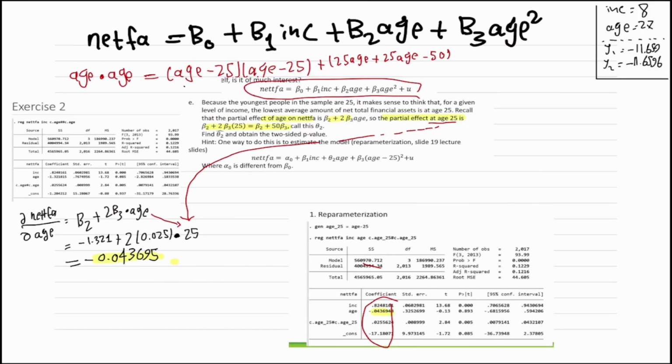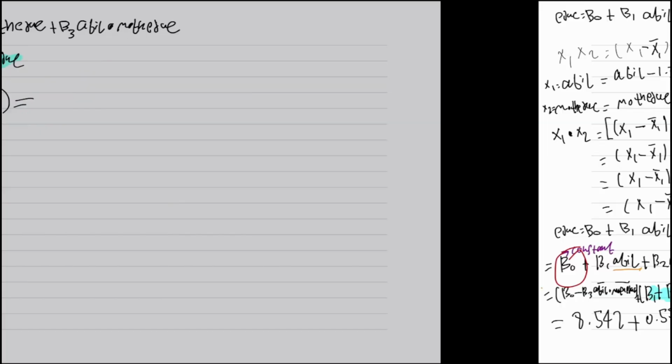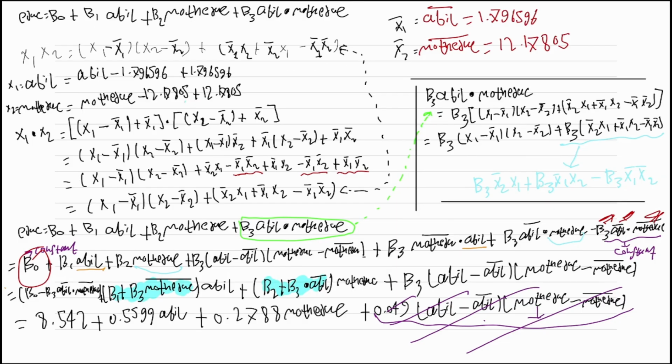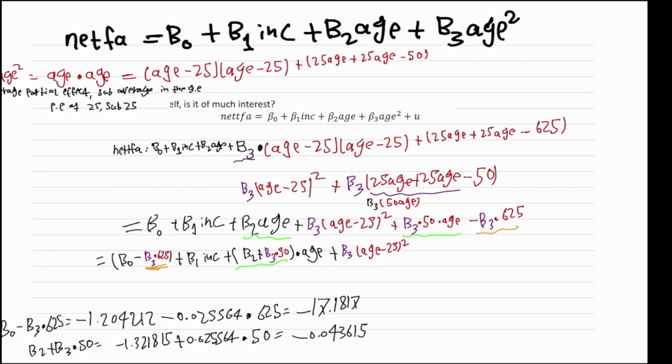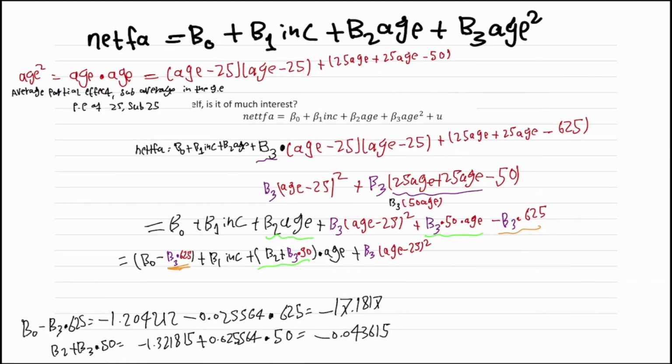Now let's see another example. We have net financial asset and we have this equation in the first line. I'm not going to explain it in detail like the previous one, but we did the same thing here. I used the general equation here, this one, and then I expanded.